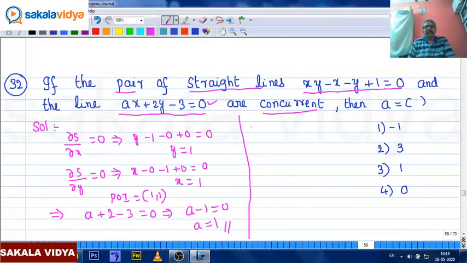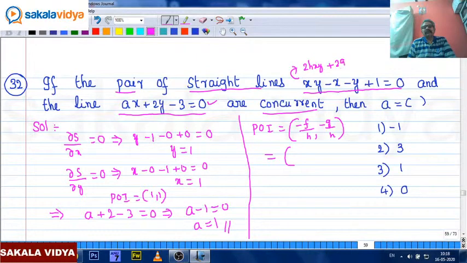Otherwise, your point of intersection is given by the formula minus f by h comma minus g by h. Comparing this equation with 2hxy plus 2gx plus 2fy plus c equals 0, f means minus 1 by 2, so minus of minus 1 by 2 gives plus 1 by 2, divided by h.